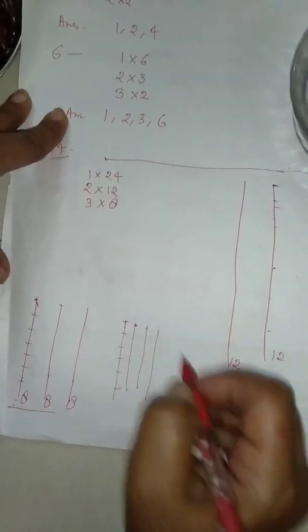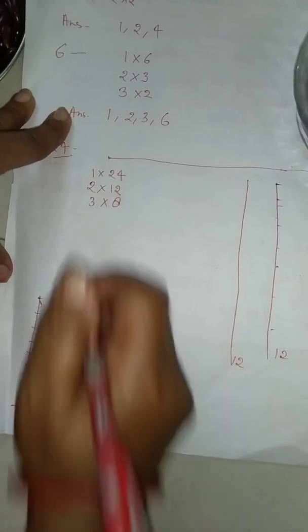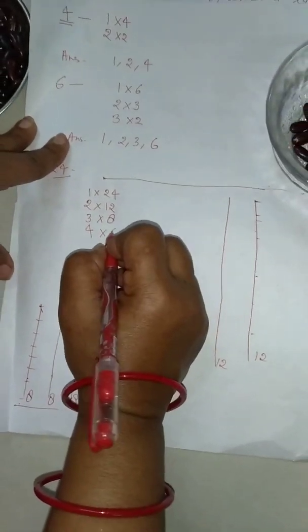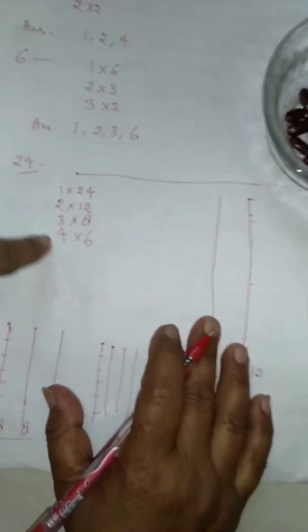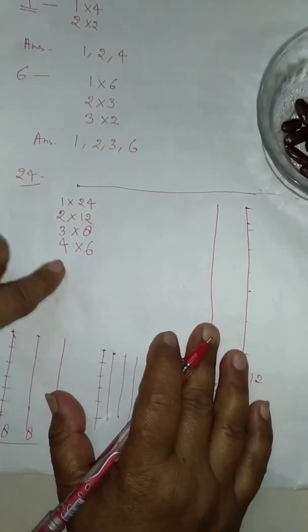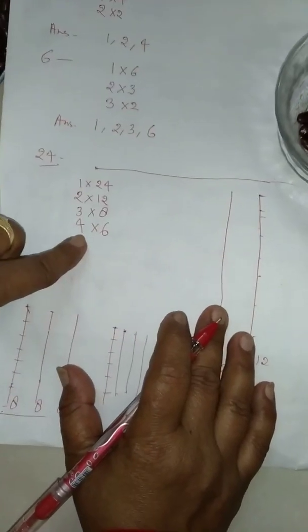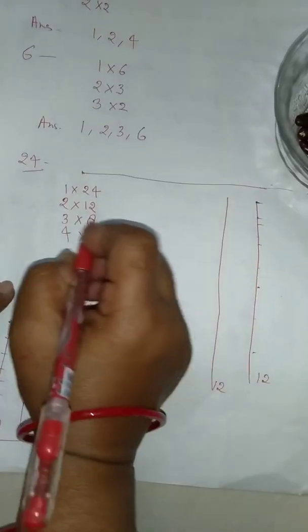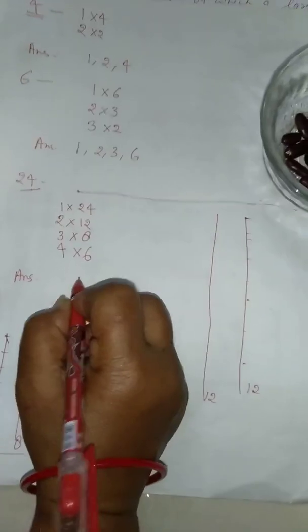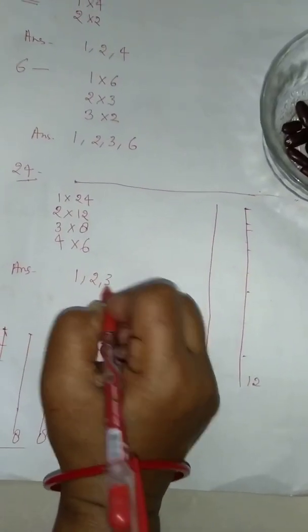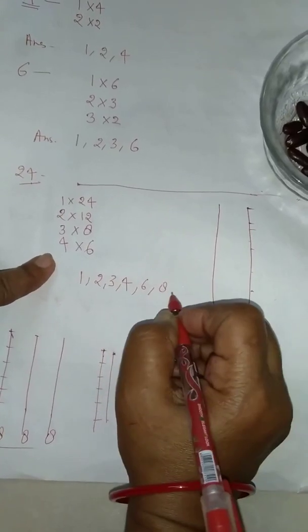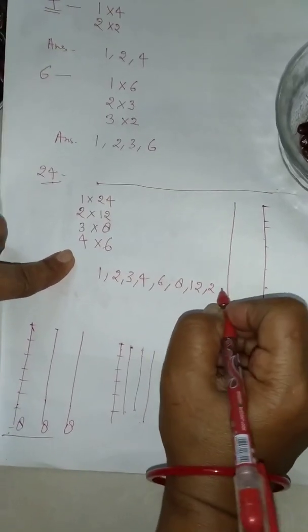In these 4 lines we have put 6 seeds each. 4 into 6. Okay, if we make 5 lines, it will be wrong. Okay, the number in each line will not be the same. So what are the factors of 24? 1, 2, 3, 4, 6, 8, 12, 24.